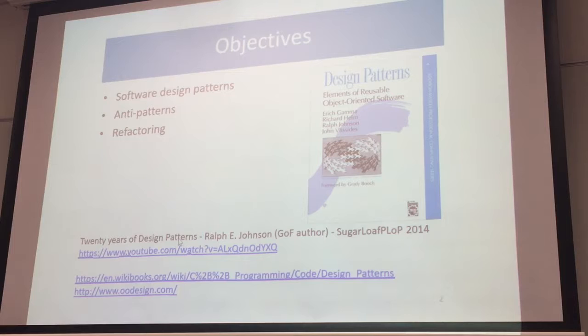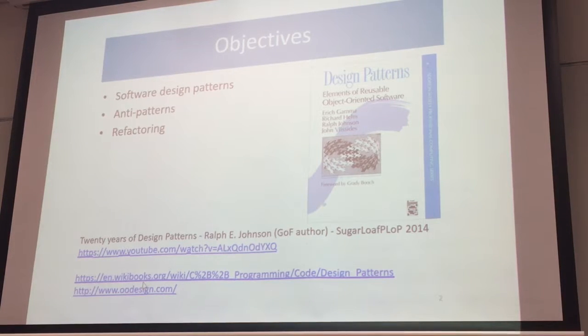If we have time, we will look at one of them, hopefully. But a short explanation, maybe more than I will cover, is in Wikibooks, and you will see here they have C++ code examples for most of the patterns.